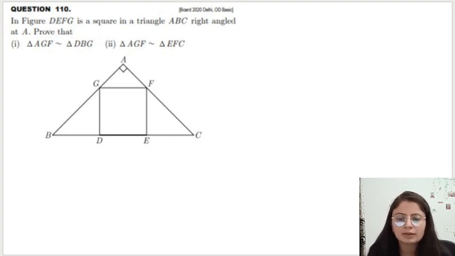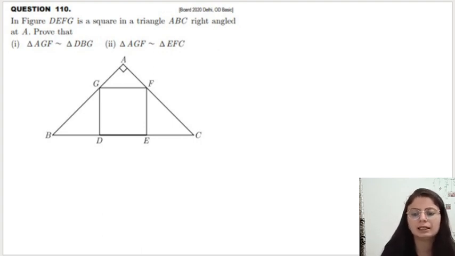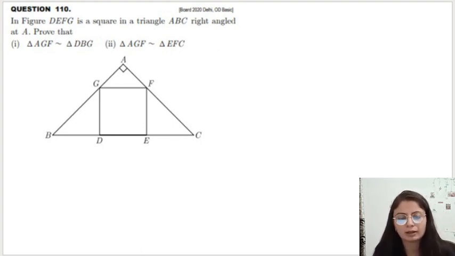Now the next question says, in the figure DEFG is a square in a triangle ABC right angled at A. Prove that triangle AGF, which is this smaller triangle, is similar to triangle DBG. Okay. So here what is given is that this is a right angle triangle, right? Also observe that this is a square, right? So this angle is 90 degrees.